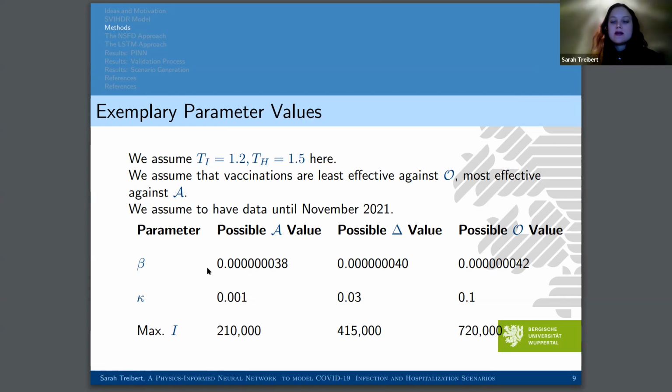These are, of course, exemplary values, but just to show you how much influence slight variations have on the outcome. So for alpha, we used small values and reached a peak of 210,000 infections per week. And for delta, we selected some higher values and attained 415,000 in the peak. And for Omicron, we finally had 720,000 per week.